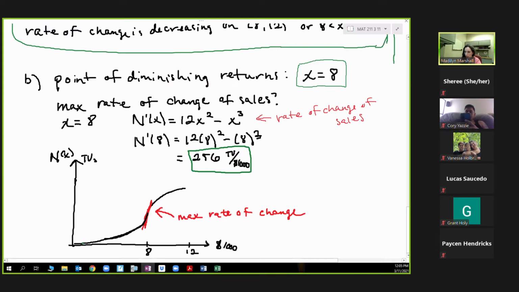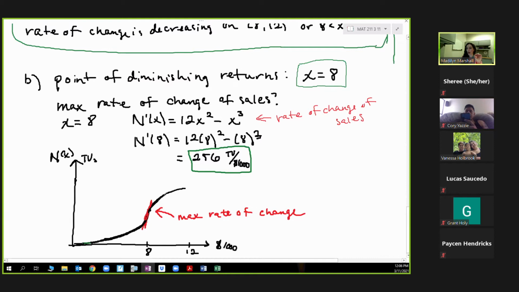So we're just looking at how sales are increasing as we spend money. As we go along this function, we're spending more and more thousands of dollars and sales are going up and up. We could find the rate of change anywhere here, but once we get to 8, that's where the rate of change is the highest. For every $1,000 we're spending, we're adding 256 TV sales.